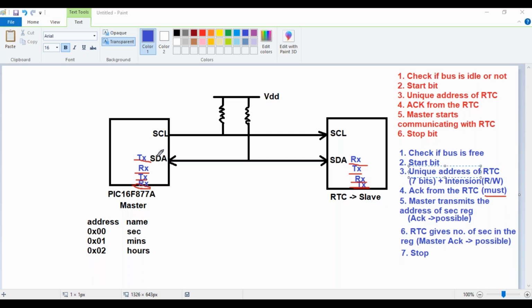Then the communication is done, and the stop bit will be transmitted by the master. Whether the acknowledgement or stop bit is sent depends on the master. Here this acknowledgement will be given by the master, and the stop bit is also given by the master. So this is how communication happens between two chips of the same board. These are the steps it is going to follow while the communication is established.